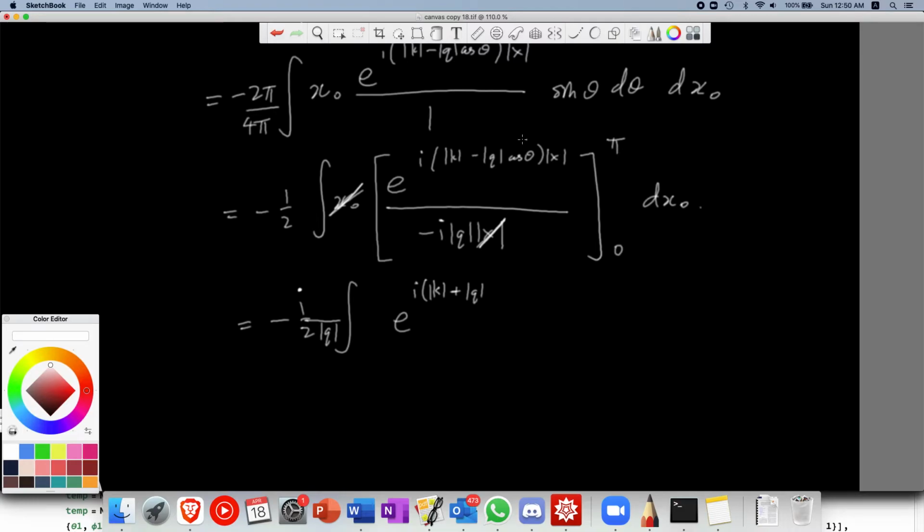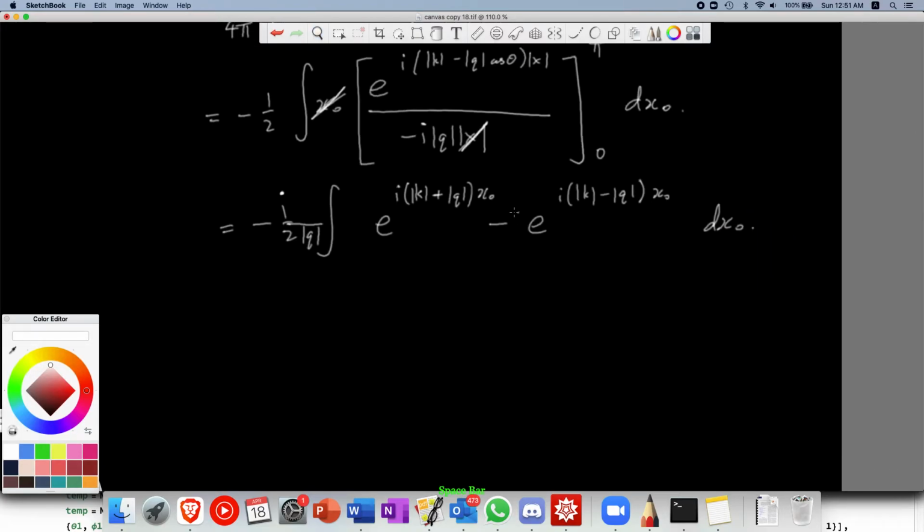We substitute the top limit in, x, minus e to the power of i k minus q x. I'll replace magnitude of x with x naught. Then we have dx naught over here. So we are very close to the finished product. So we have minus i over 2 magnitude of q.